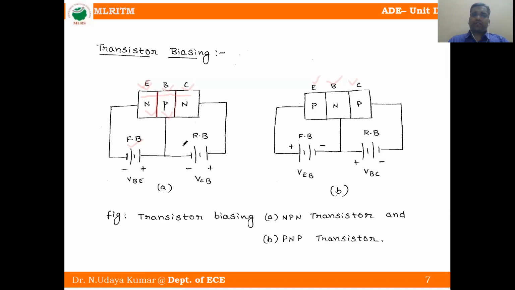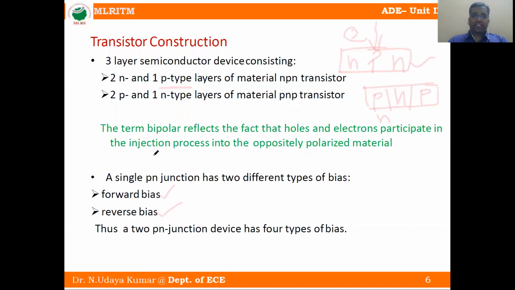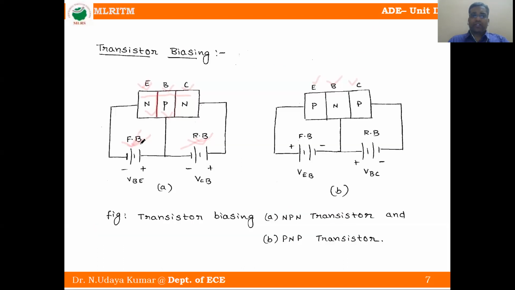So the combinations are forward, reverse; forward, forward; reverse, forward; and reverse, reverse. So a two PN junction device has four types of biases. Similarly for the PNP transistor also.